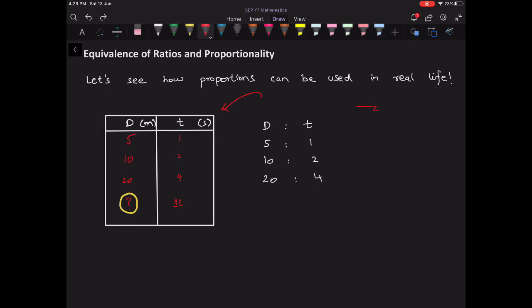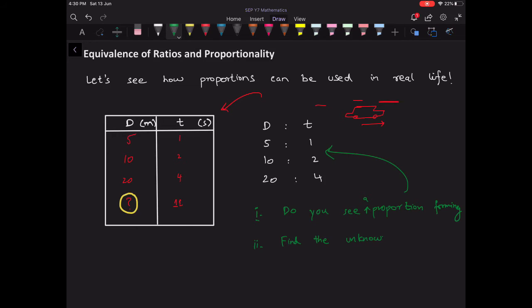Let's take another example of a car traveling towards the right. The table shows the rate of change of distance with respect to time. A rate is essentially a ratio between two quantities with different units. Do you see a proportion in the ratio between distance and time at the 3 different instances?